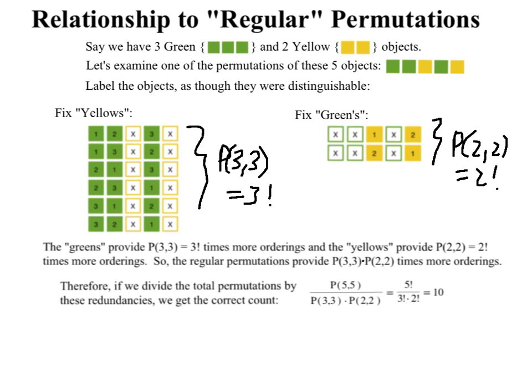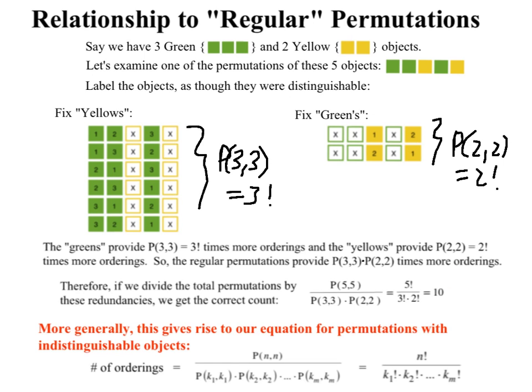This leads us to our general equation that we covered on the last slide: the number of orderings is equal to the total permutations divided by the product of the permutations of the K1 indistinguishable elements, in this case the 3 greens, K2, in this case the yellows, and so on, which gives us the same formula that we've been covering in the last couple slides.